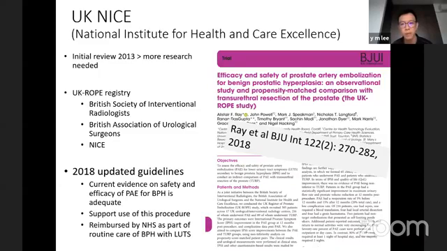But fast forward 5 years, in between, they conducted a prospective cohort study within the UK multi-center trial involving over 300 patients, comparing with TURP, and they showed that it is efficacious and safe. And by 2018, the NHS has embraced PAE as one of the standard treatments and reimburses the procedure, even for public patients.